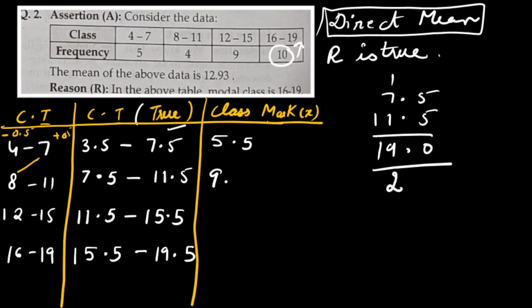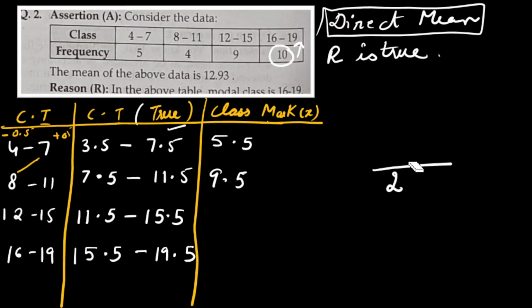Yes, Shreyasi has given the answer 9.5. Directly also, I'll tell you: 4 and 7, their difference is 3. What about the next interval?